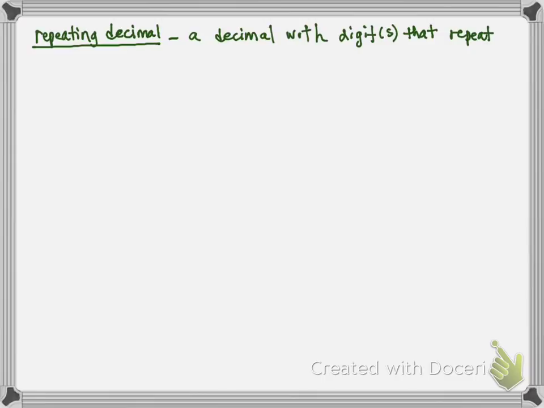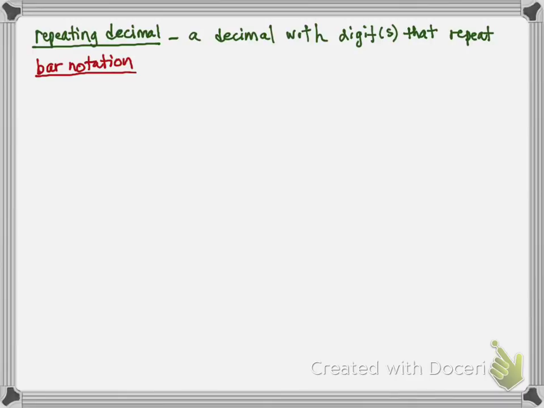Now, what we use to determine or to demonstrate that we have a digit or set of digits that repeat, and by the way, if I have a set of digits, that means 1, 2, 1, 2. I would never write 0.33 repeating, because what's repeating is the 3. So I only write it once. So let's talk about bar notation, and I'm going to add that piece of information in there.